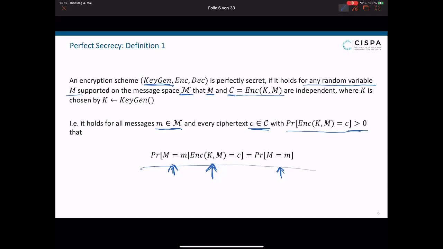So quite obviously, the Enigma can never meet this definition, because by seeing the ciphertext, you immediately learn something about the message. Not what the message is, but in this case, what the message is not. And that's already too much information revealed for this security definition to still be able to hold.